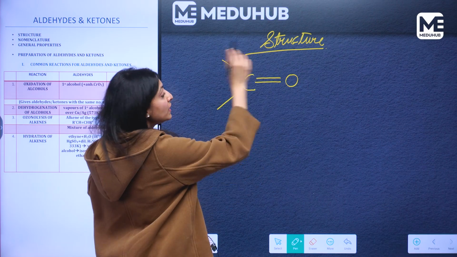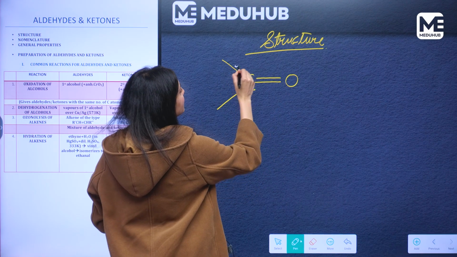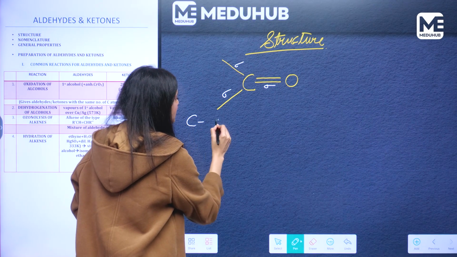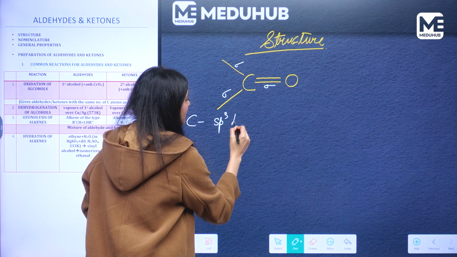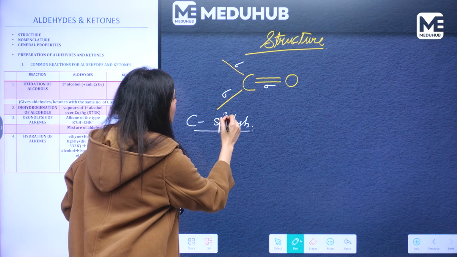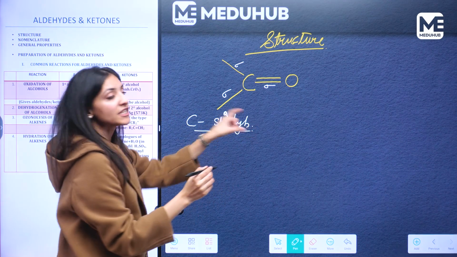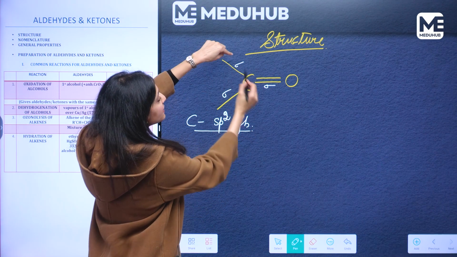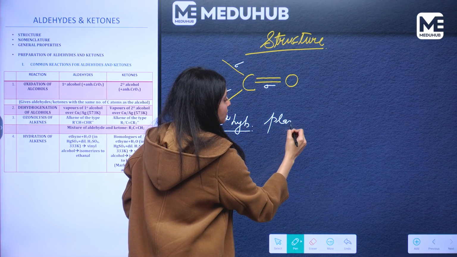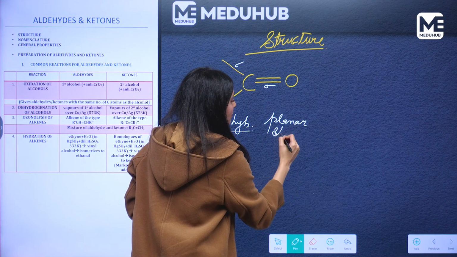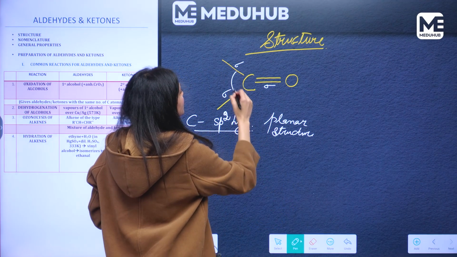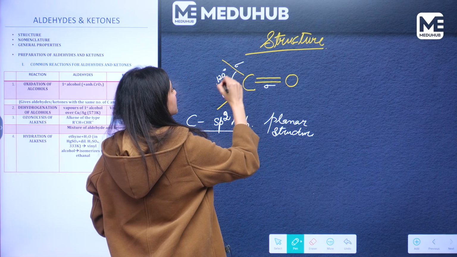In a carbonyl compound, there are 3 sigma bonds because this carbon is sp2 hybridized. It will have 3 sigma bonds and it will be a planar structure, which means that these bonds will be 120 degrees.